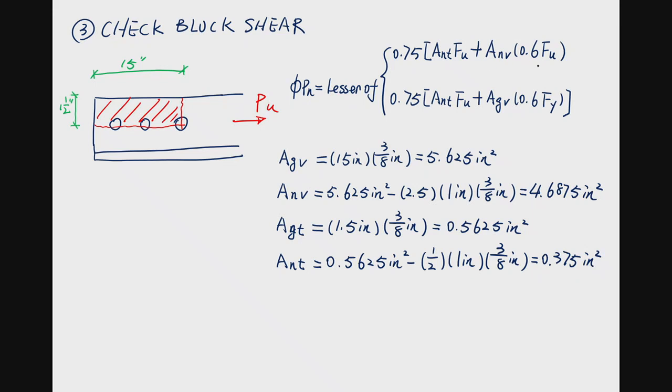All right, and then we want to compare these two items, right? ANV times 0.6 FU equals, say, I pull 0.6 out, so times ANV is 4.6875 square inches.